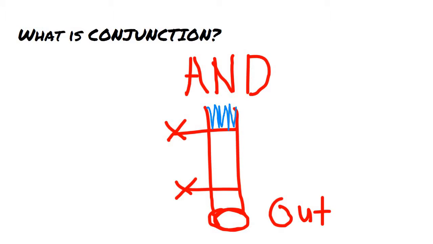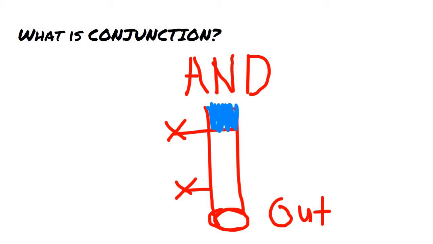So if both valves are closed, then the water cannot flow to the output. Even if we open the other one, still the water will not flow.